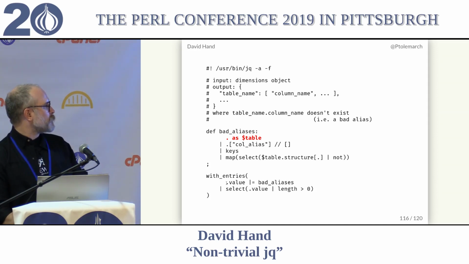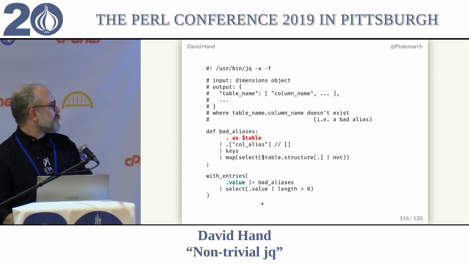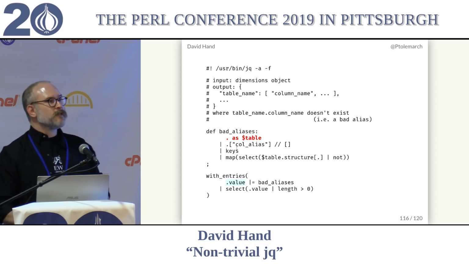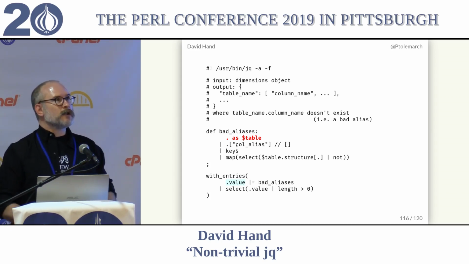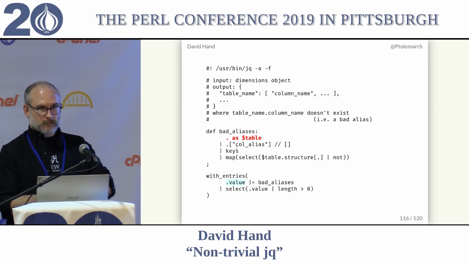For each one of those pairs, I'm taking the value, that is to say, the thing that the alias points to. I'm running it through this function, which we'll get to in a second. That function returns the set of broken aliases.